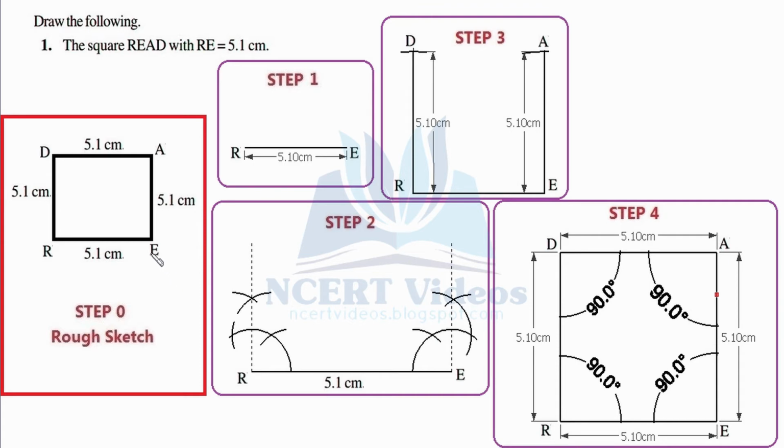The same process has to be done at vertex E. We will put our needle over here and construct this arc such that it must intersect line segment RE. Wherever it intersects, put the needle over here and intersect the previously drawn arc like this. Now put the needle over here, construct another 60 degrees like this. Now we need to bisect this 60 degrees into 30 each.